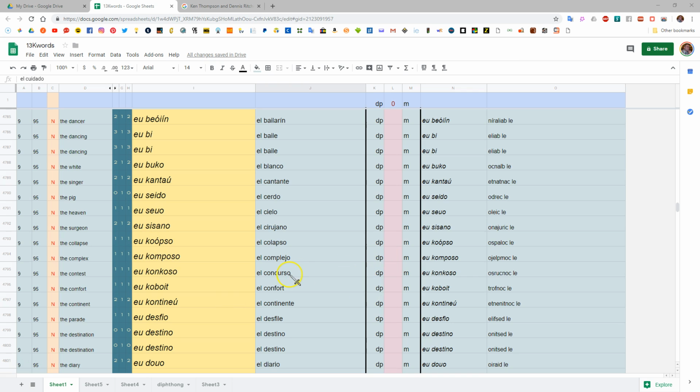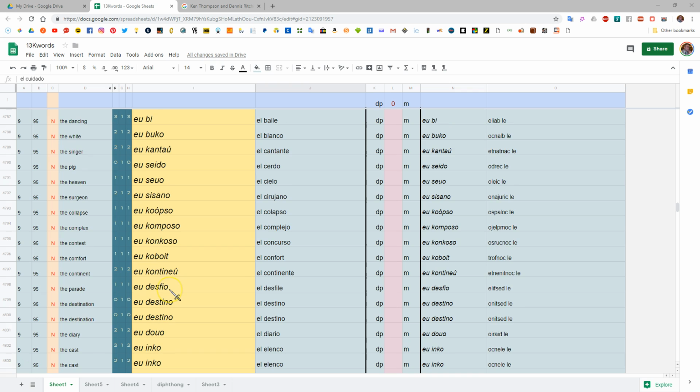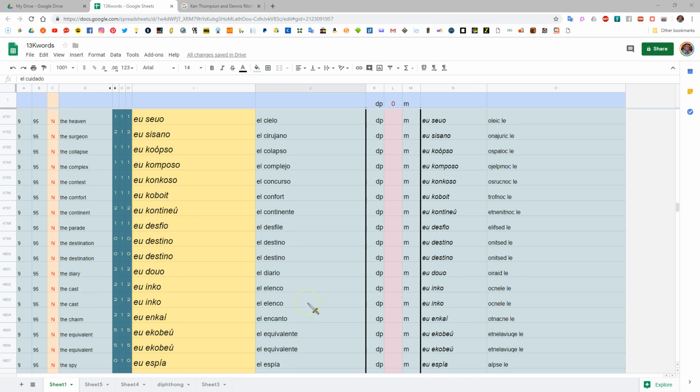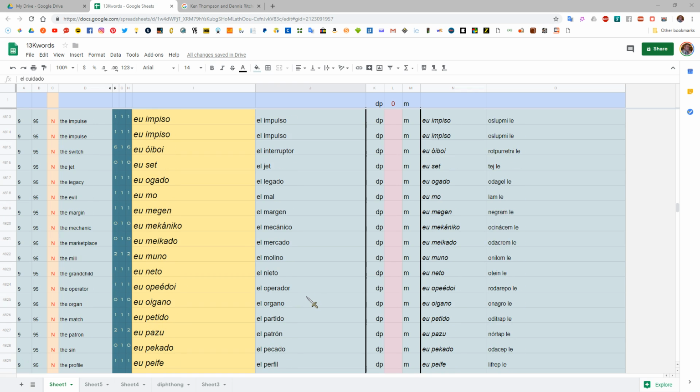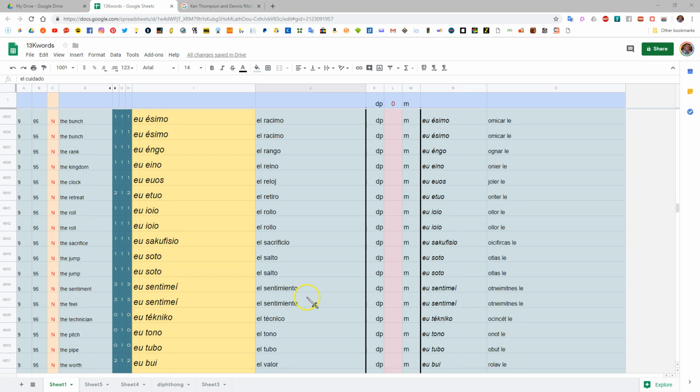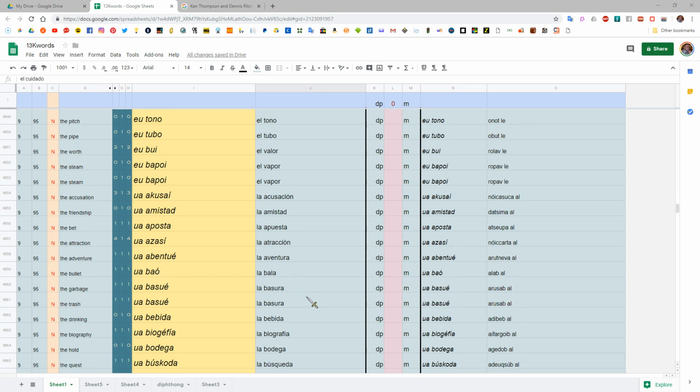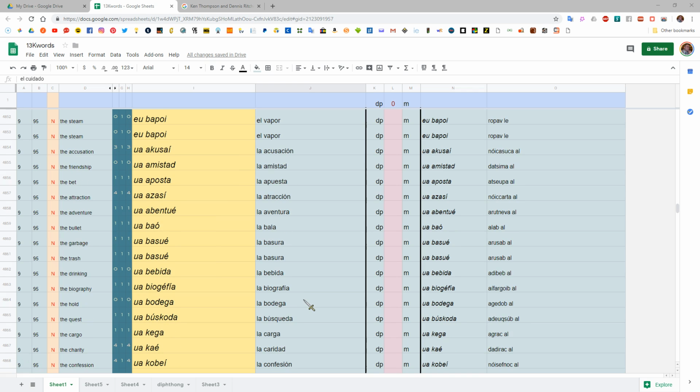The compose, the compound, the complex. I can see how the complex easily becomes goso. Destino. I'm still going through each category, so it's okay to comment on each one of them.